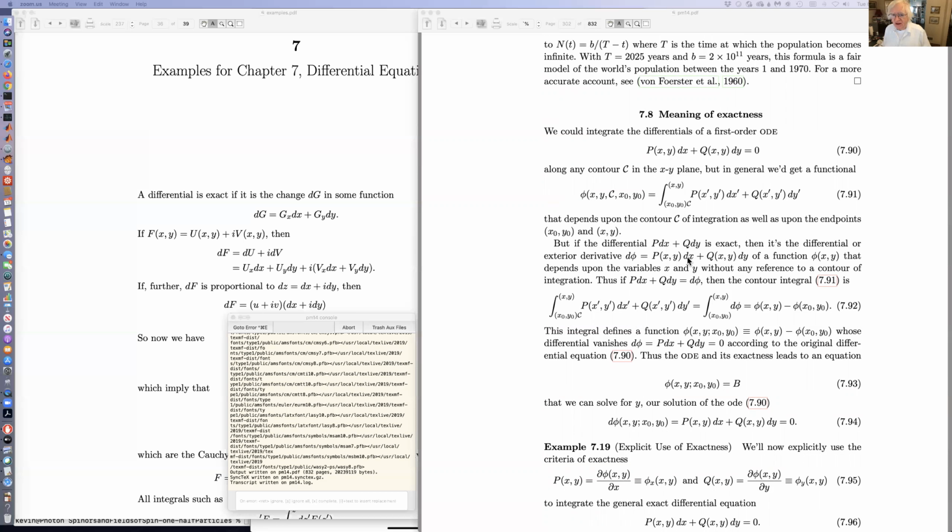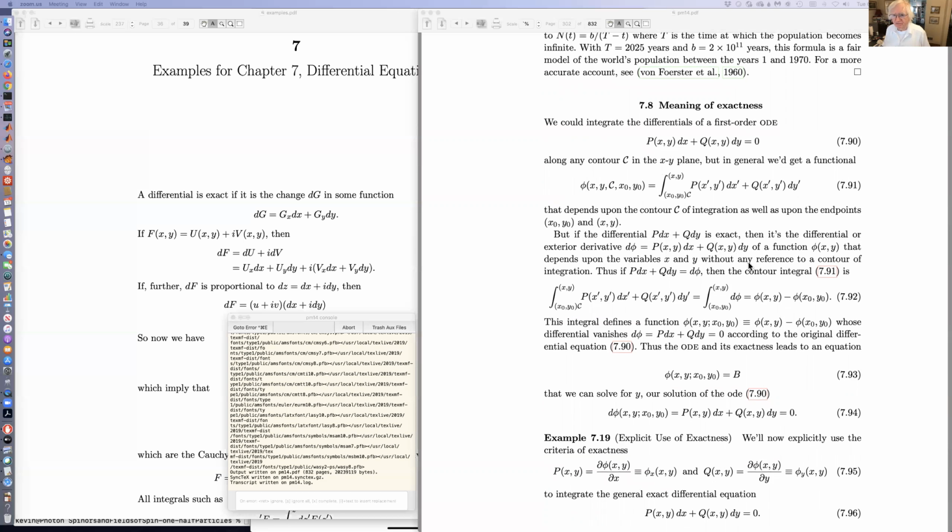By the way, this is called the exterior derivative of phi, p dx plus q dy, if the thing is exact. So this would be phi sub x dx plus phi sub y dy. In general, if you just have two functions, p and q, and you integrate along a contour, you get a function that depends upon the endpoints and upon the contour.